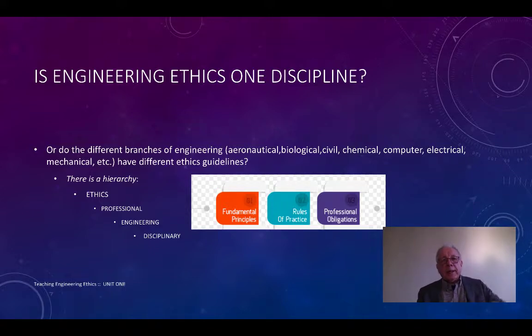I'm suggesting that this is the case because all of our different ethics, computer ethics, for example, is part of a hierarchy. And the hierarchy starts off on the top level with ethics, and ethics is ethics, and ethics applies to all persons and all institutions in all places and so on.